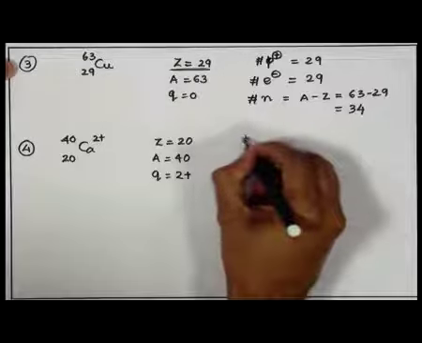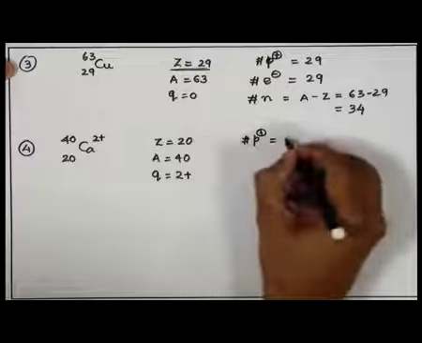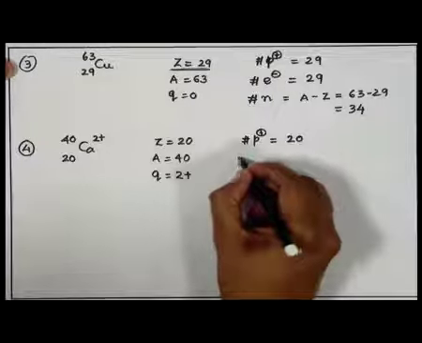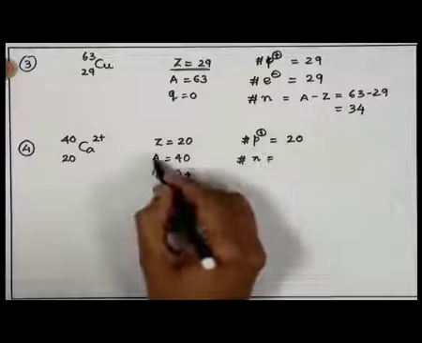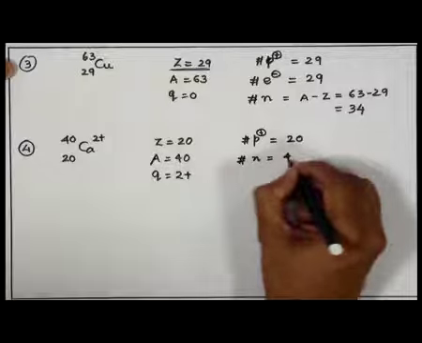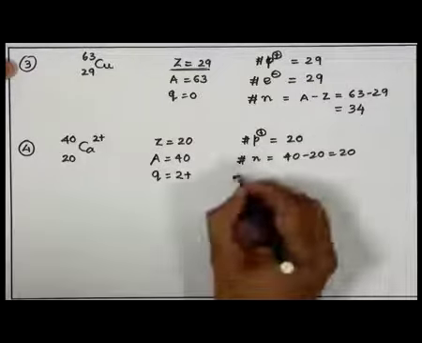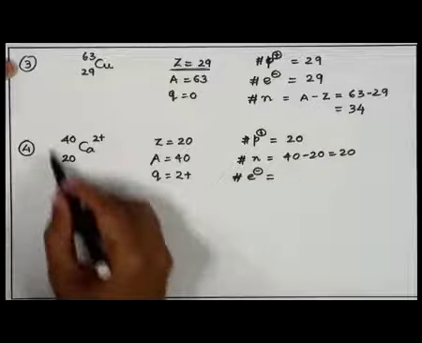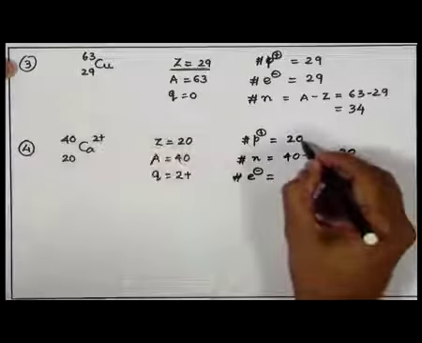Alright, so let us find out how many protons are there. It is easy because Z represents the number of protons. So, the number of protons is 20. How many neutrons? Since the mass number is 40, 40 minus 20 is 20, there are 20 neutrons. How many electrons? You see, the atom has plus 2 charge and positive charges come from protons.